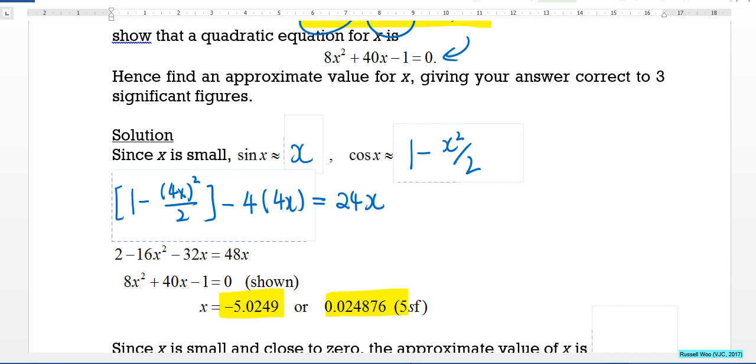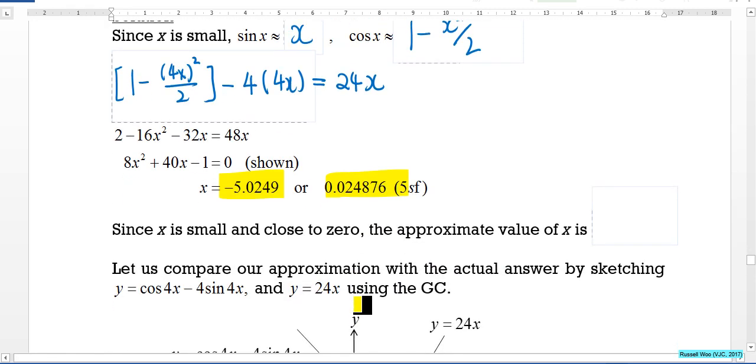Which one is the correct one? 0.02, because for that thing to be valid, x must be small. Follow? So therefore, x must be small. 0.02. This answer is just 0.0249 to 3 significant figures.